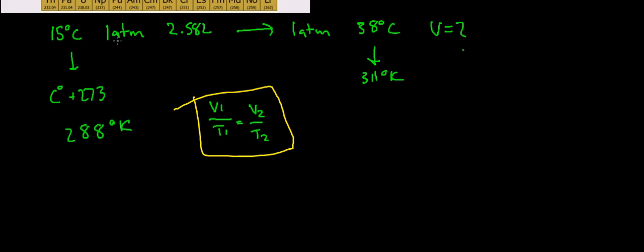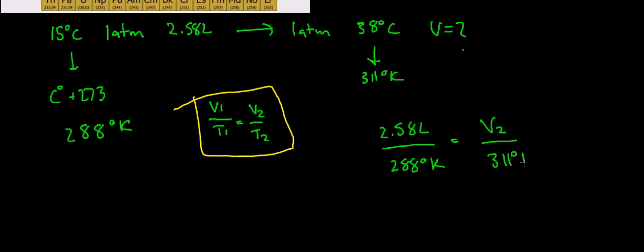So this pressure is not really important. What's important to know is that the pressure is held constant. So I'm going to use Charles's law. So I have volume 1, which is 2.58 liters, divided by 288 degrees Kelvin, and this is equal to my unknown volume 2 over 311 degrees Kelvin.